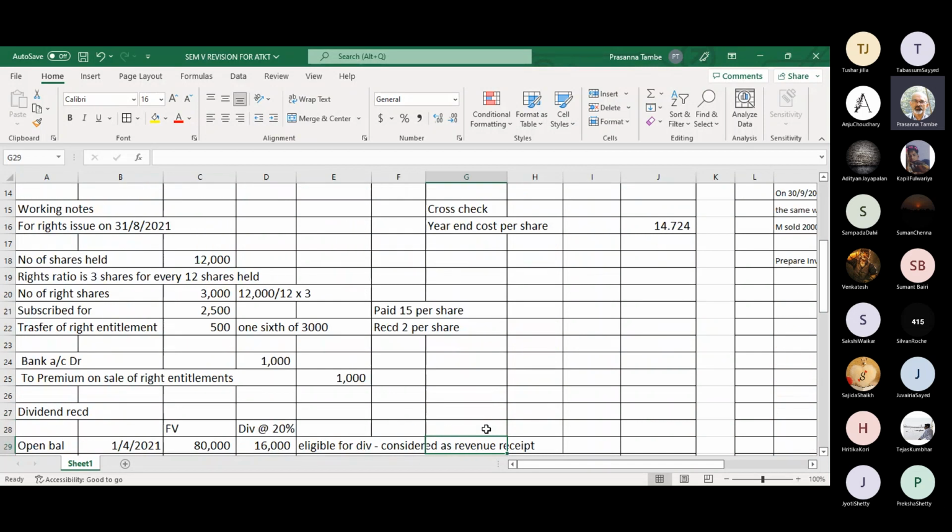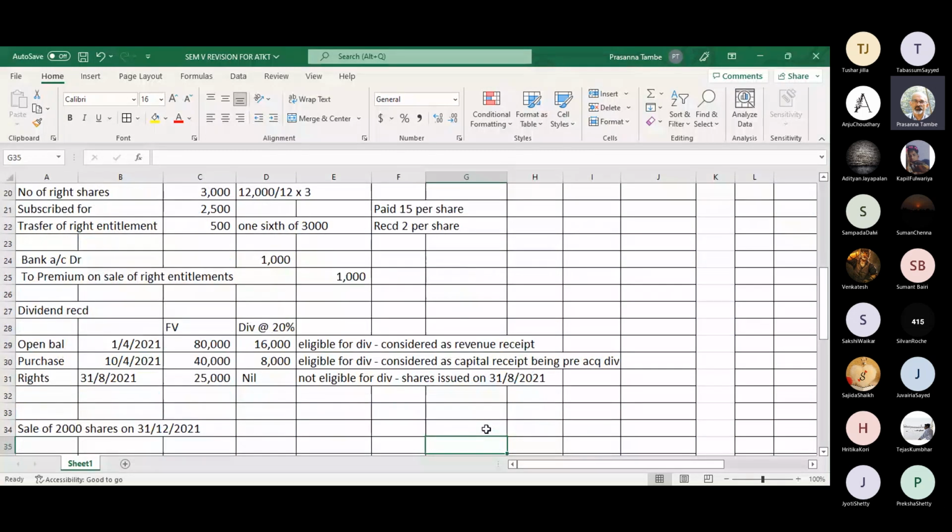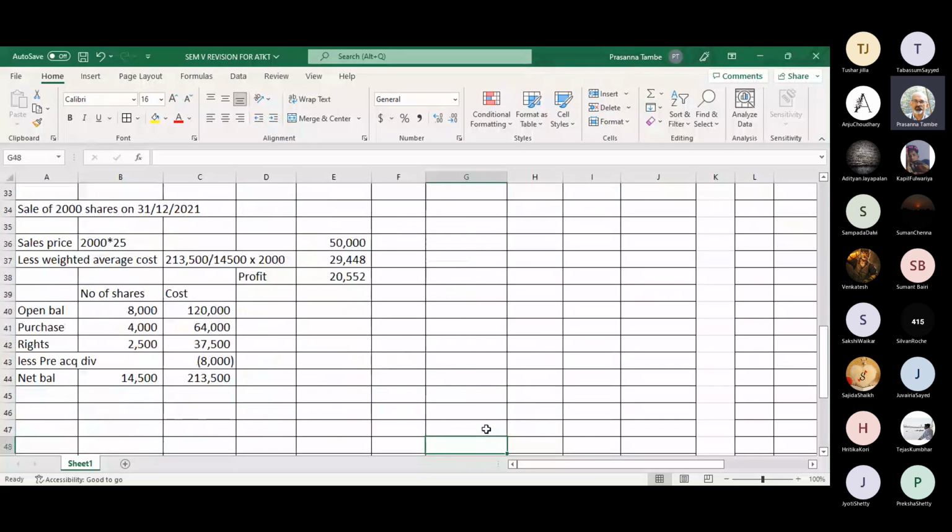Now, if we get the same cost here, then that means our calculation is correct, because after this, there is no purchase as such. So the weighted average cost, if you calculate here, 2,13,500 divided by 14,500 shares, is 14.724.